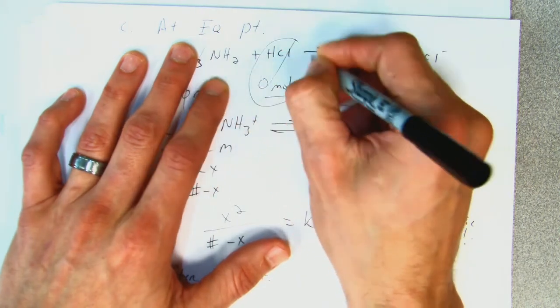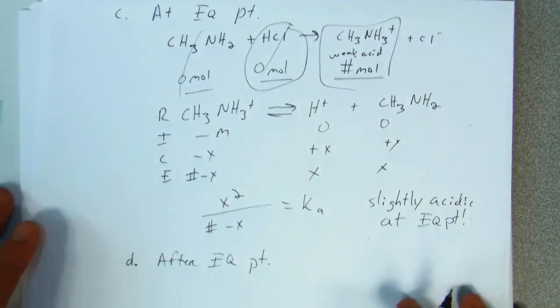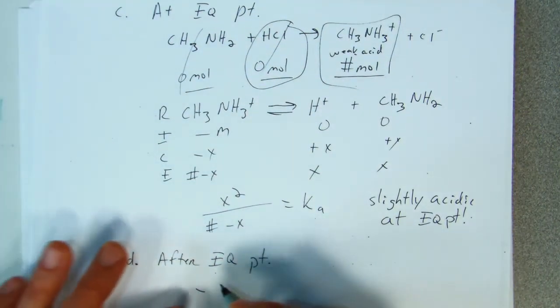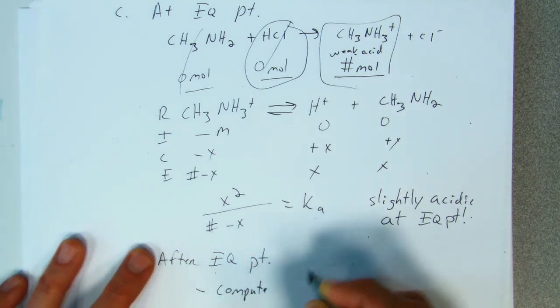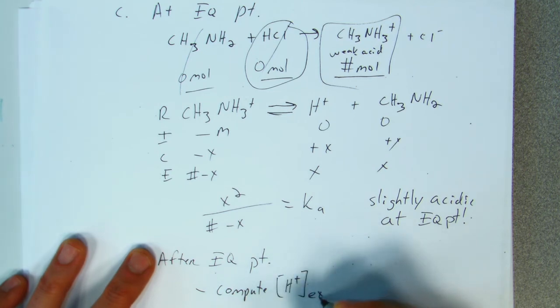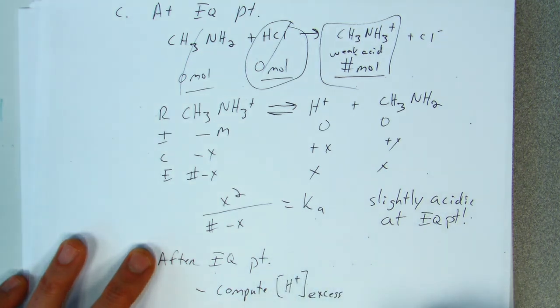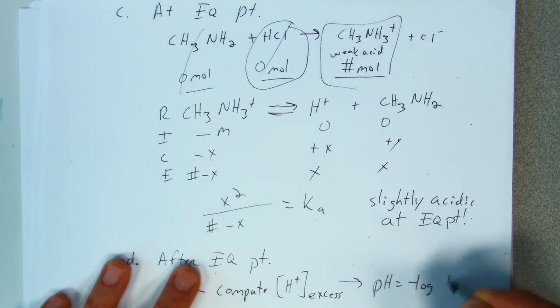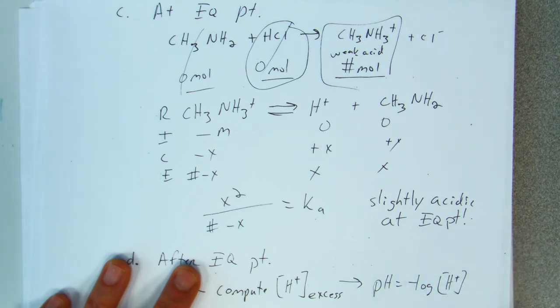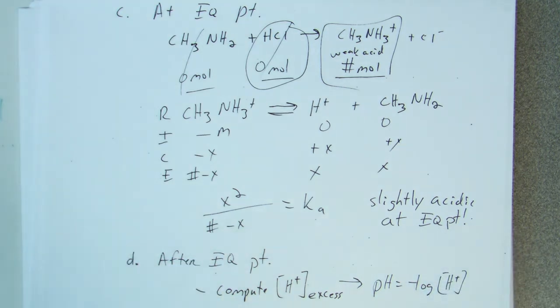That is a direct source of H plus in the solution. So what matters after the equivalence point is just how much extra H plus you've got. So you want to compute the excess concentration or molarity of H plus due to the over-titration, and then go right to your pH equals negative log of H plus equation. And you're in business.